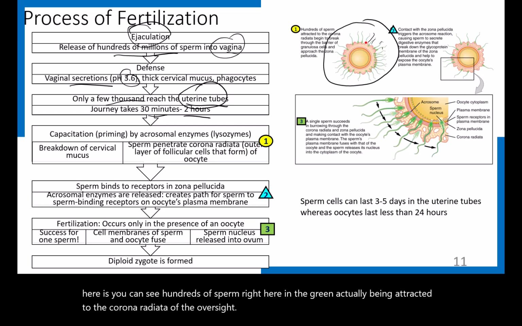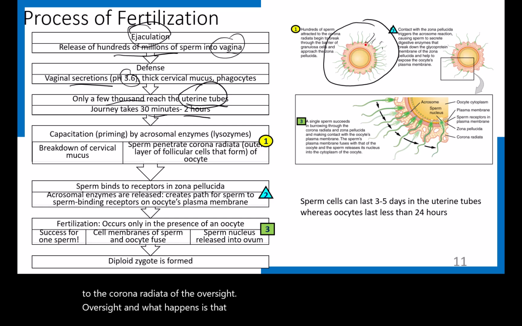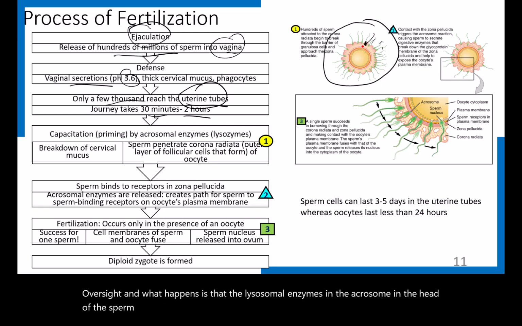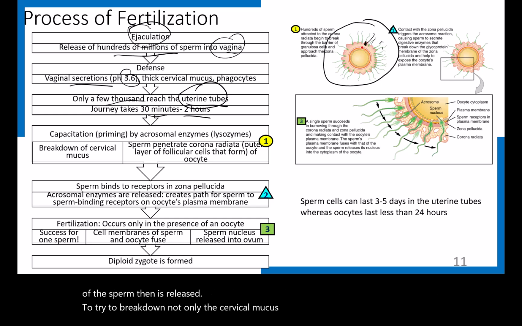And the lysosomal enzymes in the acrosome in the head of the sperm are released to try to break down not only the cervical mucus, but also to penetrate this barrier of the corona radiata.